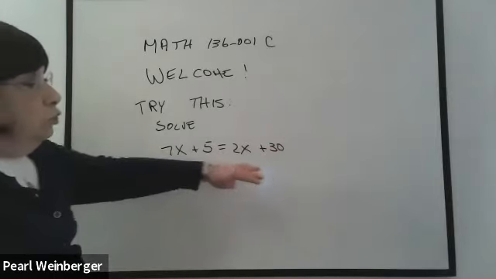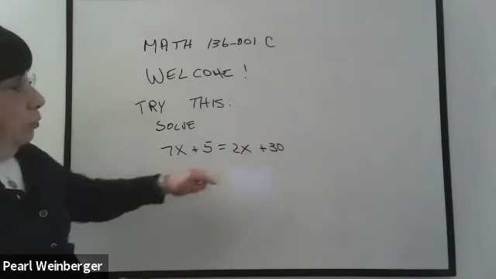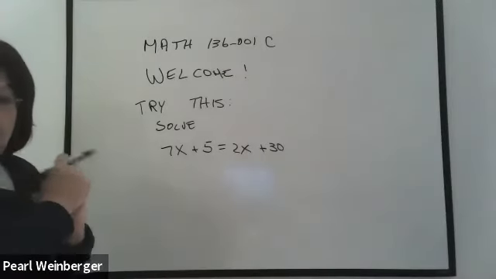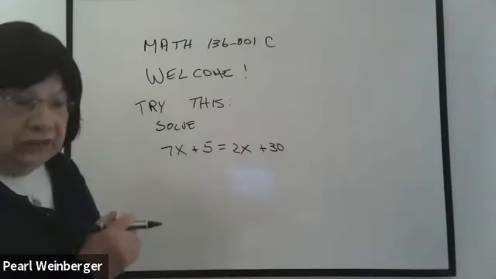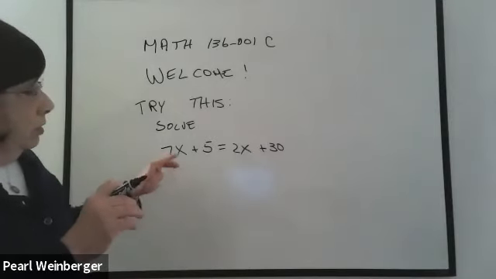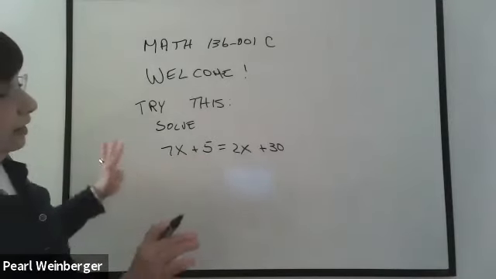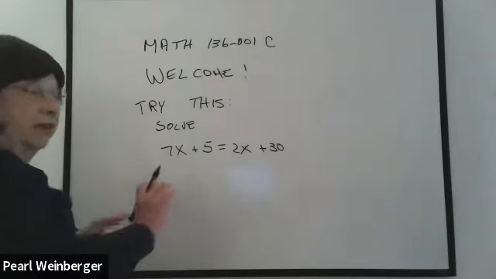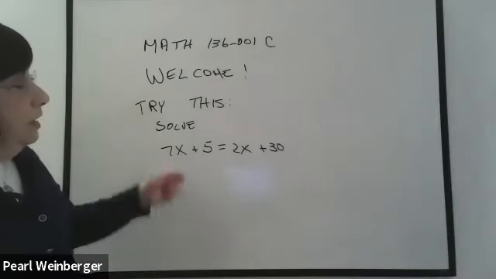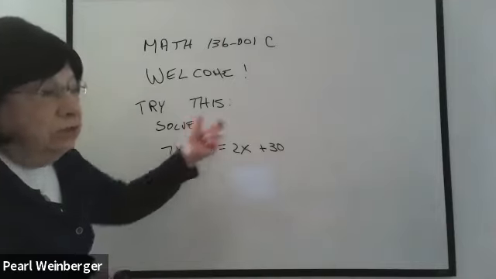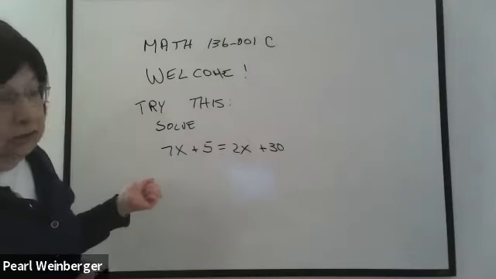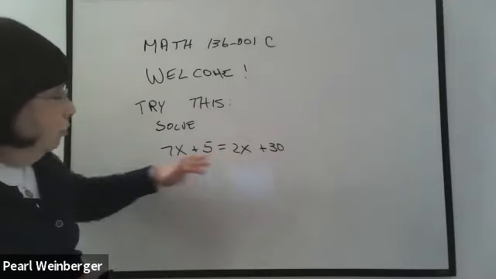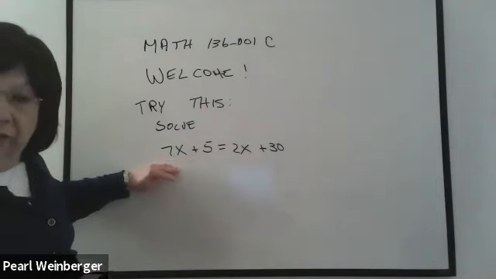Now, when I'm doing an equation, what I usually try to work with first is the x's. I'm going to try to get the variables all to one side. I usually try to get the variables to the left side, but it doesn't have to be. You can get the variable to whichever side you want. But let's say I want to get all the variables to the left side.